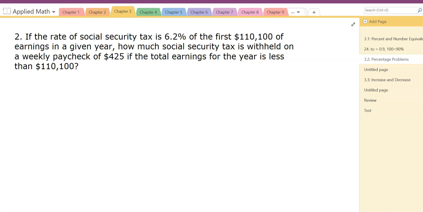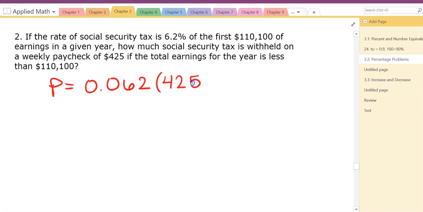So we're trying to figure out how much is taken out of every paycheck. Every weekly paycheck is $425, and 6.2% is taken out every week. How would we write 6.2% as a decimal? 0.062. We take that times our weekly earnings, 425.